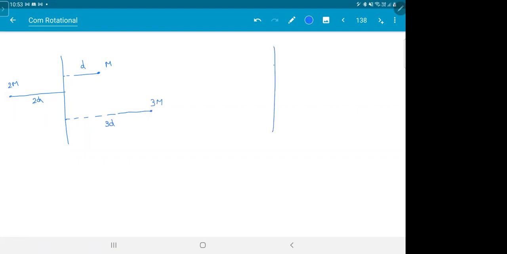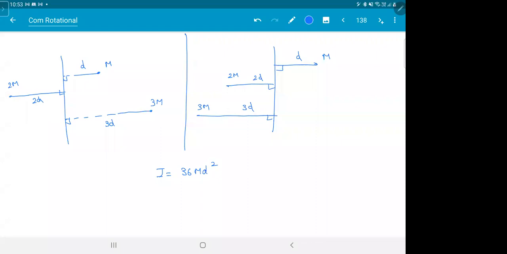Or if it is like this: m, d, 2m, 2d, 3m, 3d. It doesn't matter. For both of them, the answer is same. Can you see why? The perpendicular distance did not change. You keep it any way you want. It does not depend on the orientation.